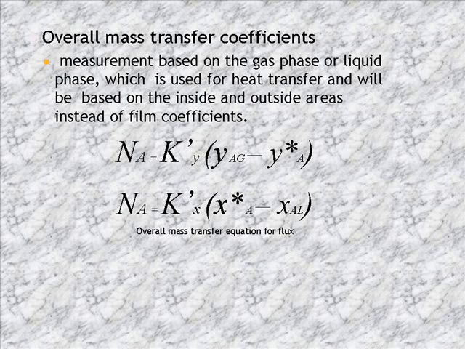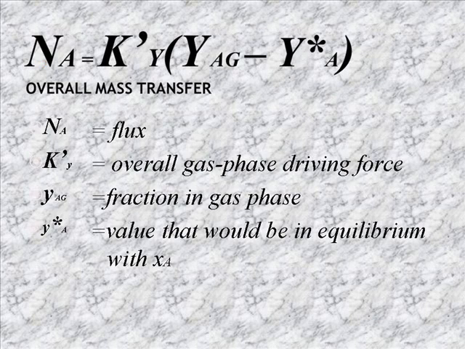Here we shall see the two equations relating the mass flux and the mass transfer coefficients. NA equals K prime Y multiplied by the quantity (YAG minus Y asterisk A) is the equation for the gas phase in terms of the overall gas phase driving force.